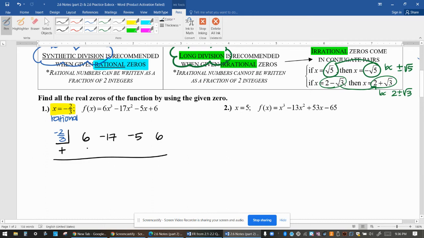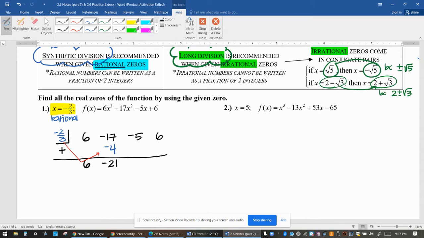All right, so bring down your first term. Now you're going to multiply -2/3 times 6 and put your answer in the next column. So negative 2/3 times 6 is negative 4. Now you're going to add.